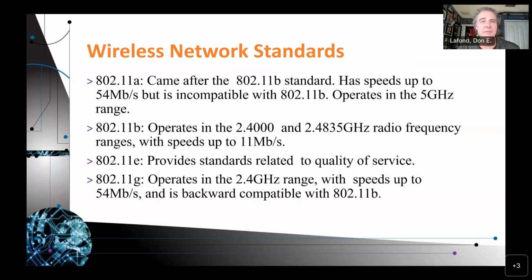A has a speed up to 54 megabits, but is incompatible with 802.11b, and it operates in the 5 gigahertz range. 802.11b operates in the 2.4 gigahertz frequency range with the maximum speed of 11 megabits. So A is faster than B, but a shorter range.